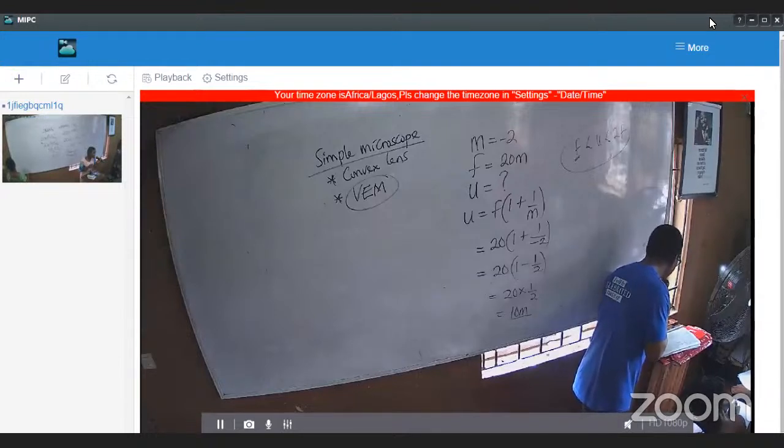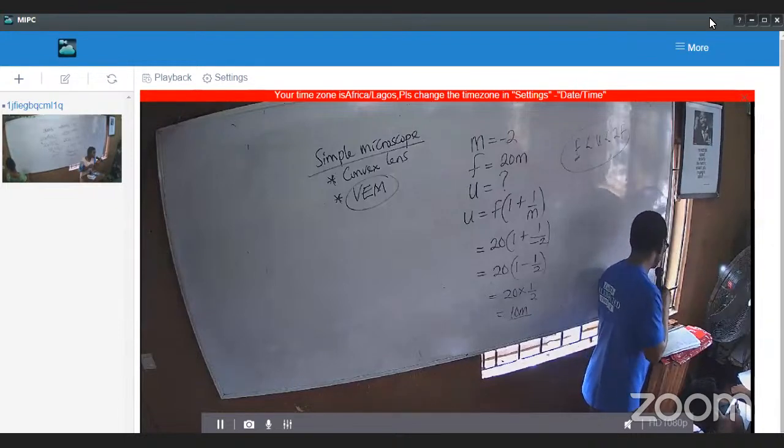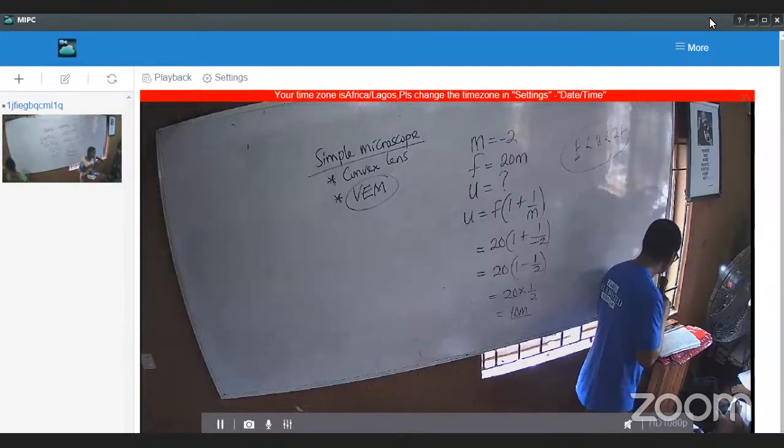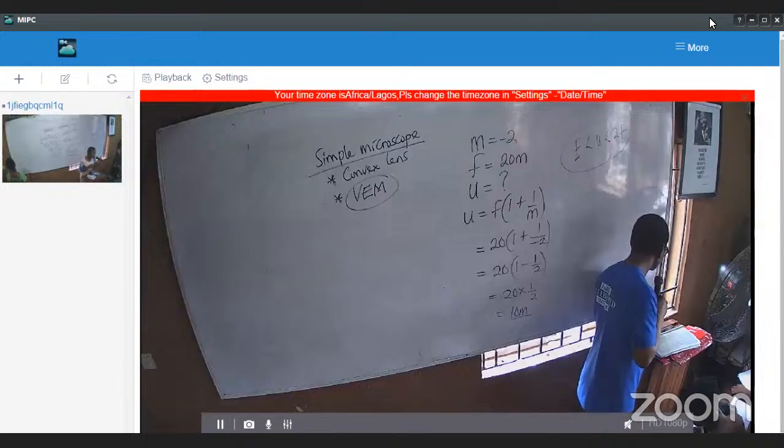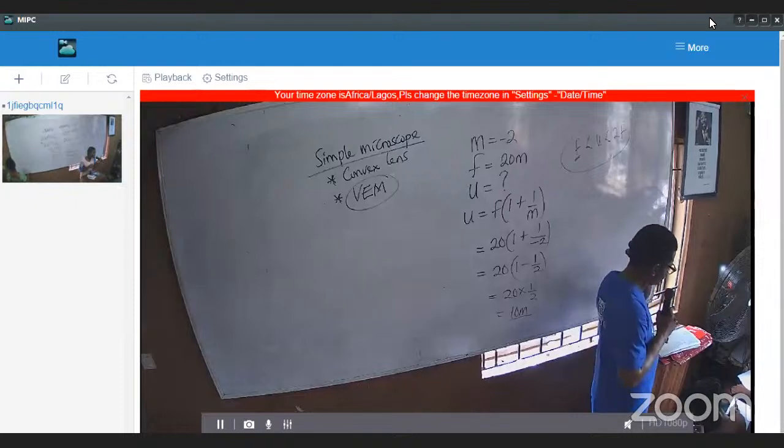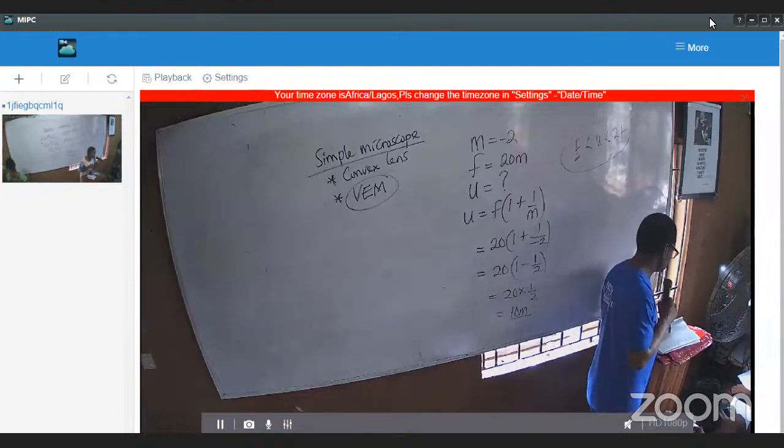Full stop. What is the distance between the lenses? Classwork. Distance between the lenses.